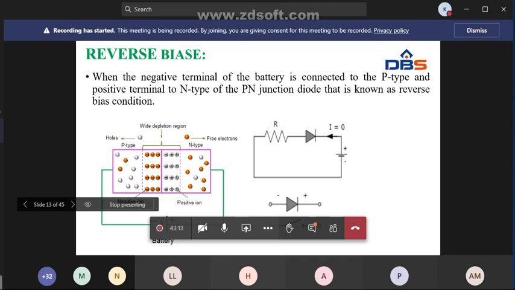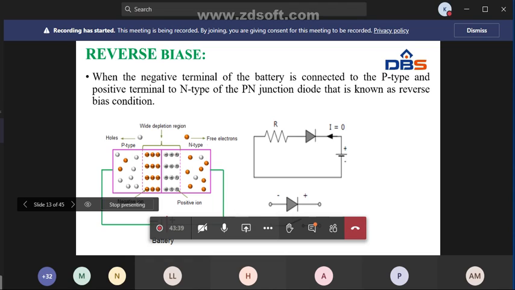So the holes and the electrons are not trying to move towards the junction. That's why there is no flow of charge carriers. That means here the depletion region will increase.